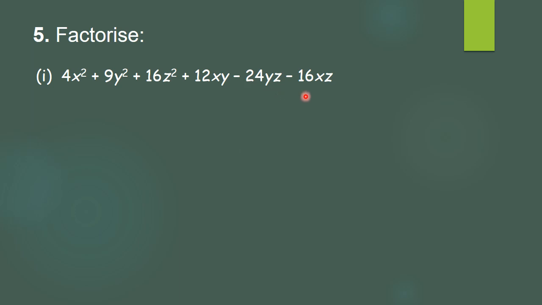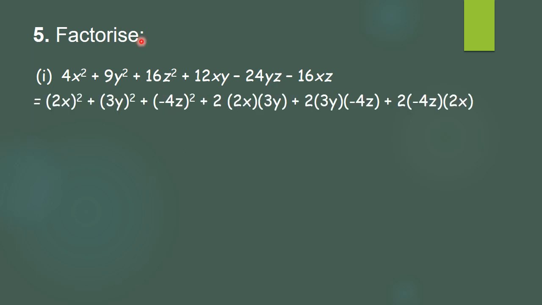Now whenever the 2 terms are negative, try to find out which alphabet is common. Now here, what alphabet is common? Z. It means that we are going to get a negative sign because of the z. So now we will write it as 2x the whole square plus 3y the whole square. Here we will take the sign of z as negative because we get z as the common alphabet.